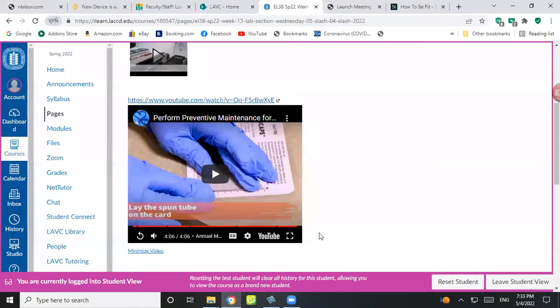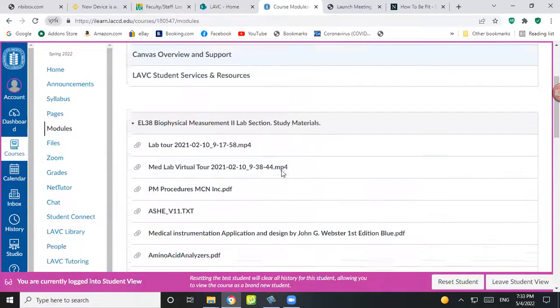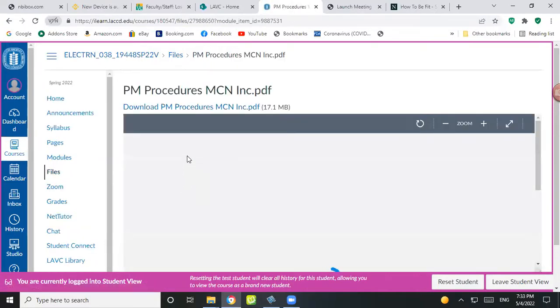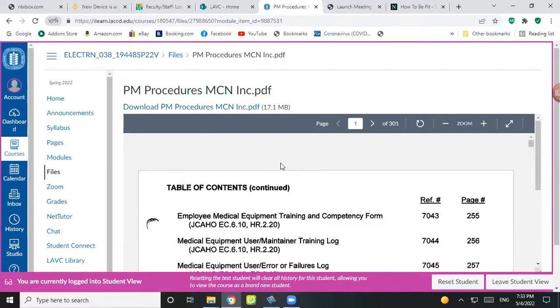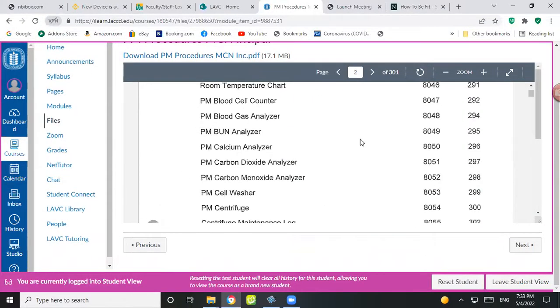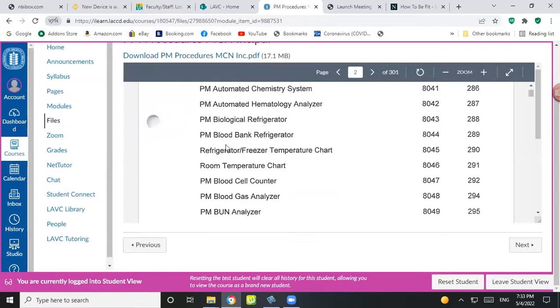Okay, so that is the short video on that. If you go to the PM procedures in the modules, you can look at the department, see the clinical lab, and search for the type of device for the preventive maintenance procedures.